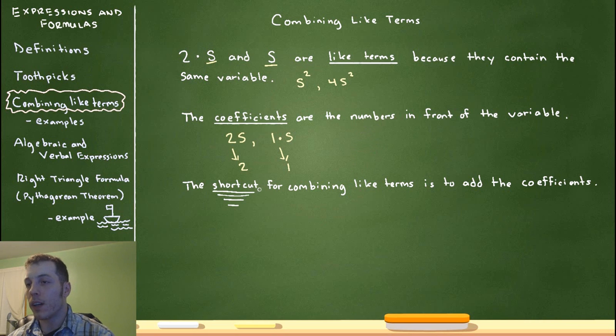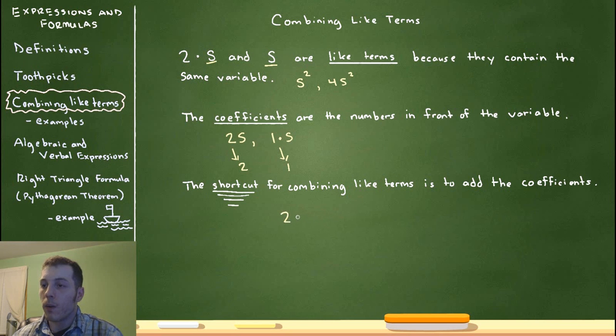Now, the shortcut for combining like terms is to add the coefficients. And if you notice, I put shortcut underlined 4 times here, just to emphasize the fact that when we do combine like terms, adding the coefficients together is most definitely a shortcut. So let me show you what I mean.